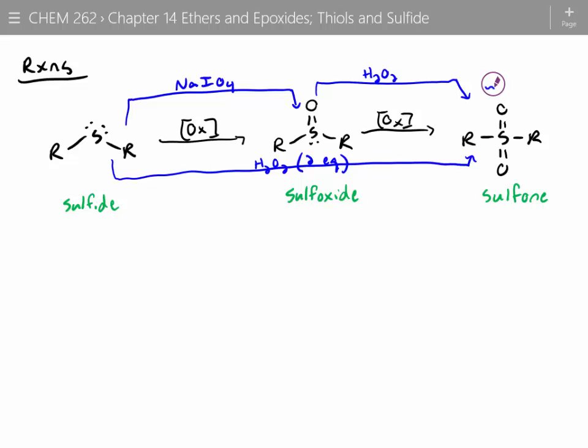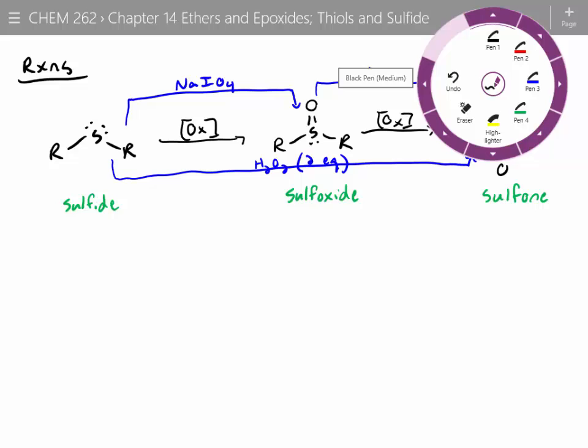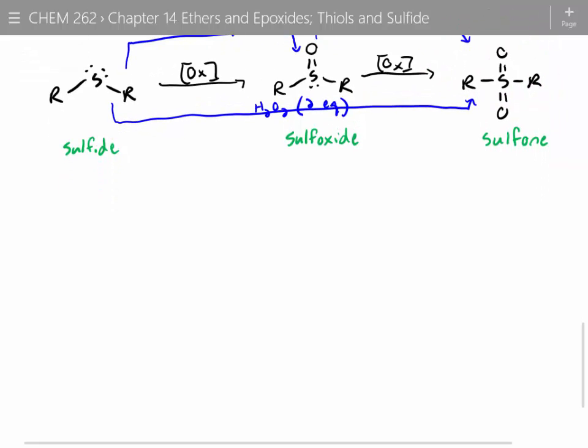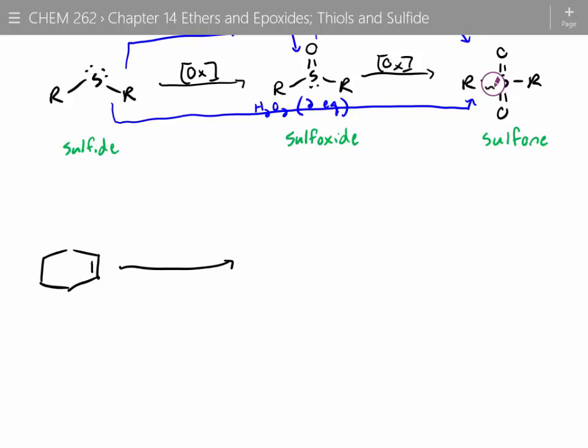So if you go back and you look at our reaction where we had ozonolysis, a common reagent we used was DMS. And we said that DMS is dimethyl sulfide.